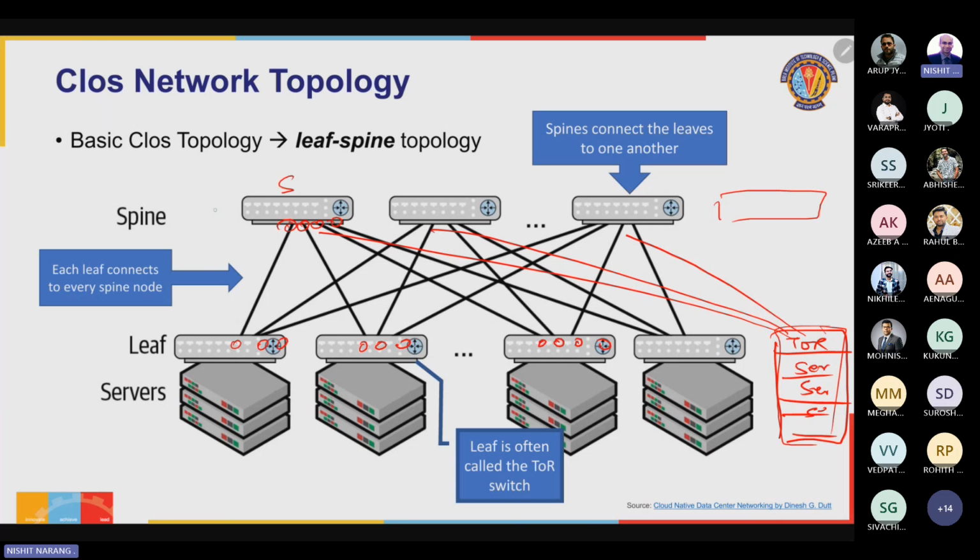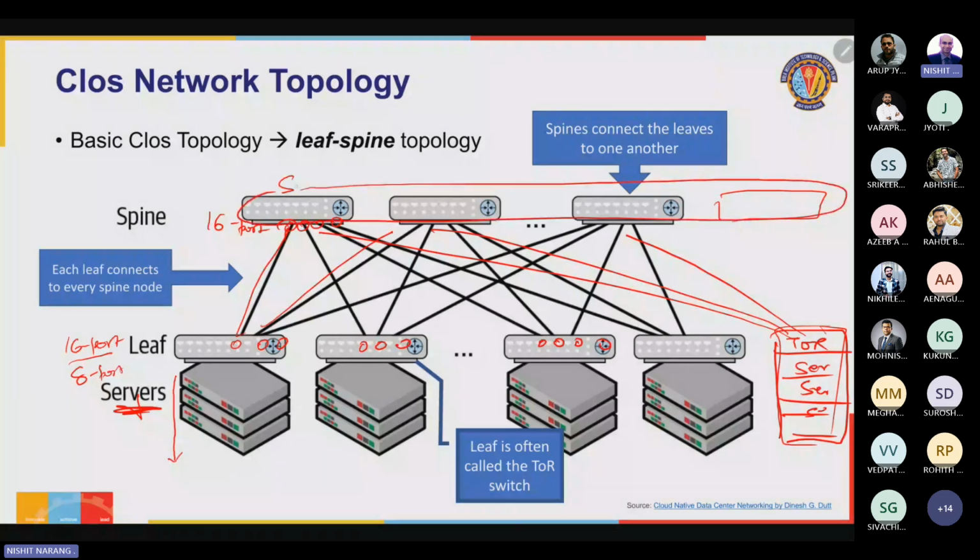So let's say, hypothetically speaking, it was a 16 port switch. Okay. And we're saying they're all of the same type. So leaf will also be a 16 port switch. Let's say there are 8 servers in a rack. So 8 of those ports have already been used to connect these servers. Remaining 8 other ports I've used to connect to, let's say, 8 spines already. I already have 8 spines.